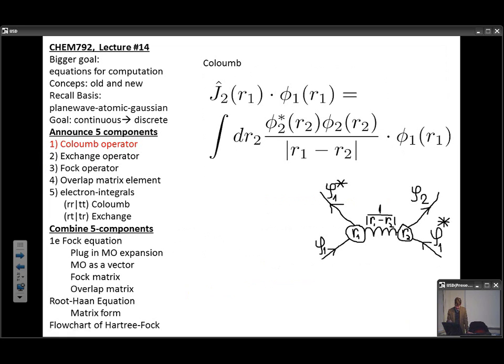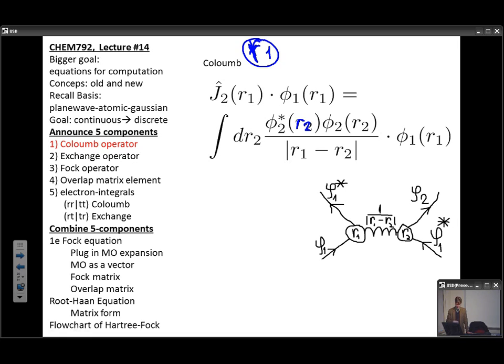So we are representing our single electron of interest, focusing on its position labeled by lowercase letter R1, and the rest of the electrons are considered as depending on R2.